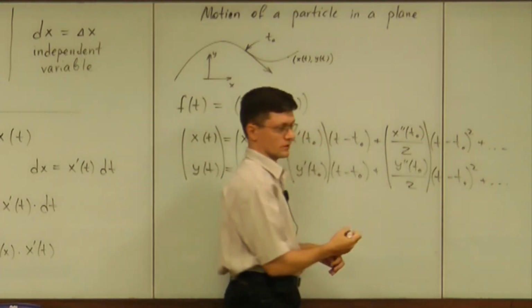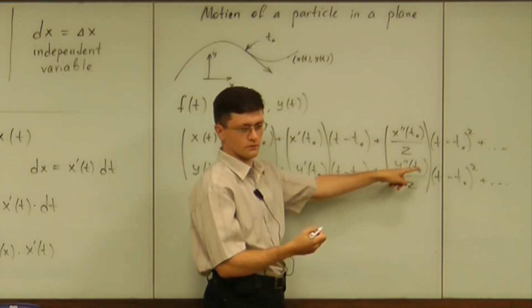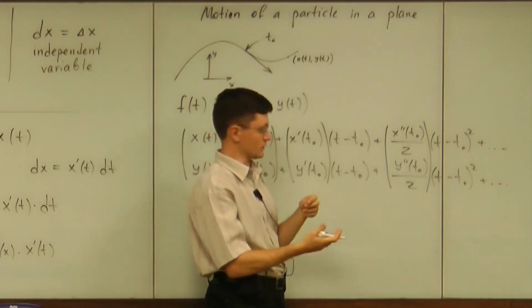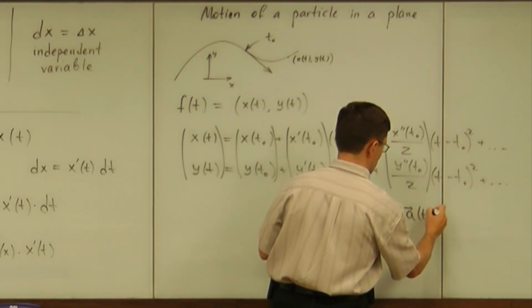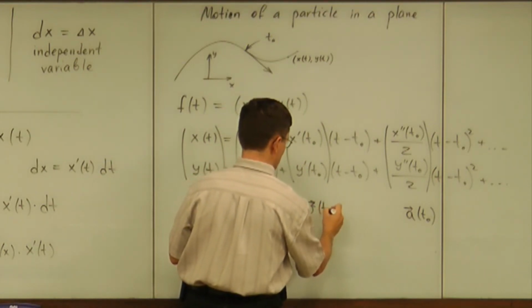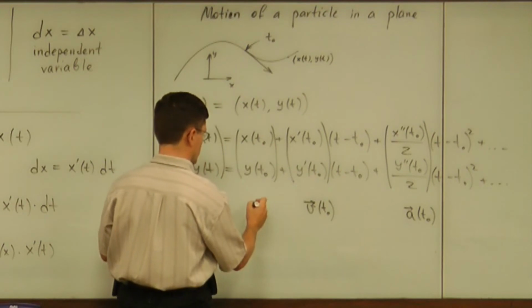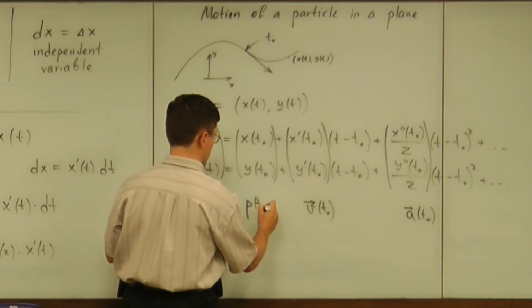What if we pair these together? Well, the numerators make together the acceleration. So we have acceleration at the time t0, velocity vector at the time t0, and position, let's call it p at the time t0.